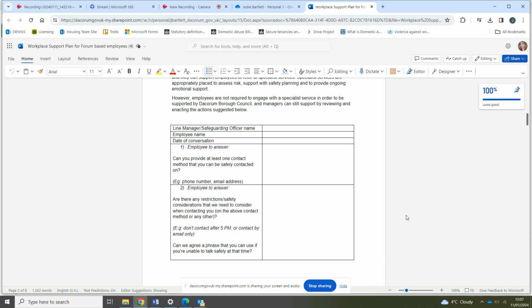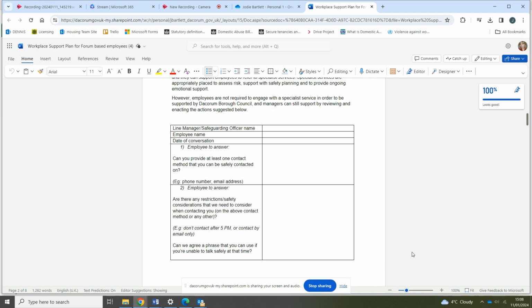A lot of these are focused on really simple practical measures that we can take to ensure that we can safely contact the employee and that we are able to escalate any concerns that we have should they be unexpectedly absent from work, or if there's an emergency situation, that we are escalating that appropriately to people that they've confirmed it's safe to do so. So this section just talks about confirming safe contact methods and safety restrictions and considerations as well.